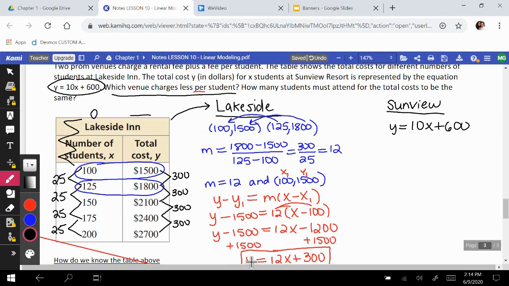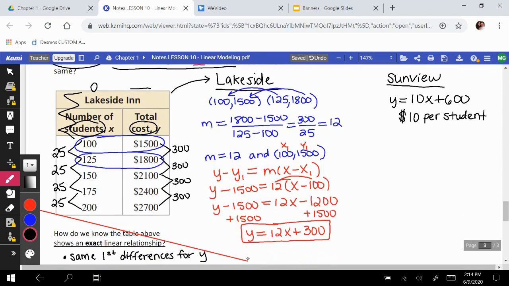Let's think about the slope interpretation here. We have rise over run, so that would be cost over student, or price per student. So really the slope means price per student. So where Sunview charges $10 per student, Lakeside charges $12 per student.